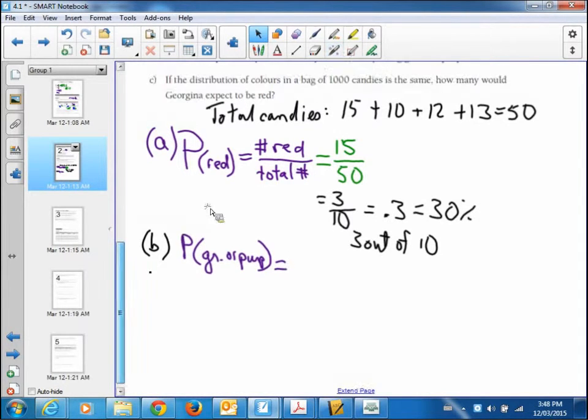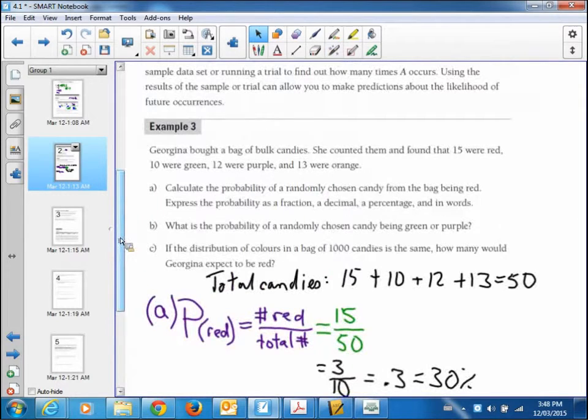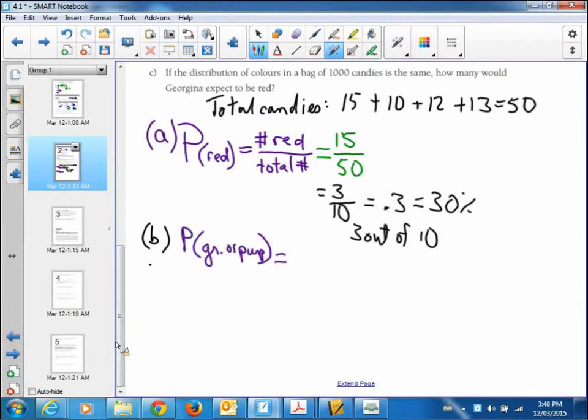Now we have to figure out what's the total number of green and purple candies. 12 purple, 10 green, so 22 out of 50. Now, if I reduce that fraction, you get the answer. Those both reduce by 2, so the lowest terms is 11 out of 25.